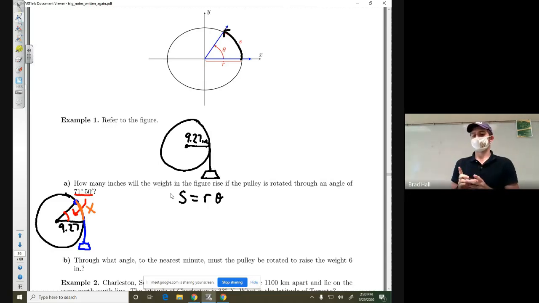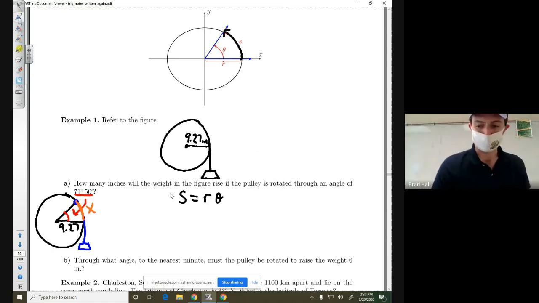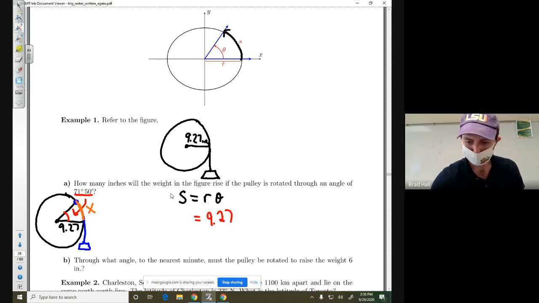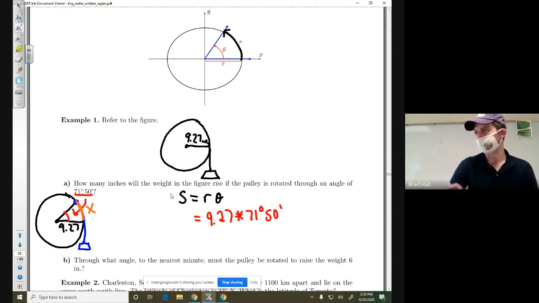The main mistake people make is that they will write, and I'll do this in red because this is what you don't want to do: the radius is 9.27, and we multiply that by the angle, which is 71 degrees, 50 minutes. And you're already wrong.